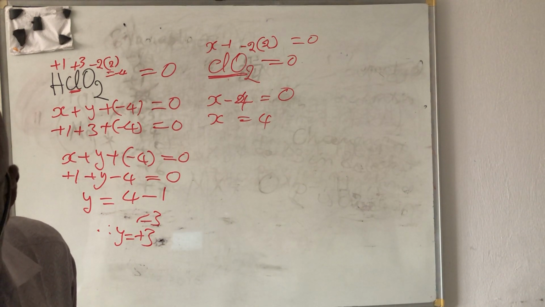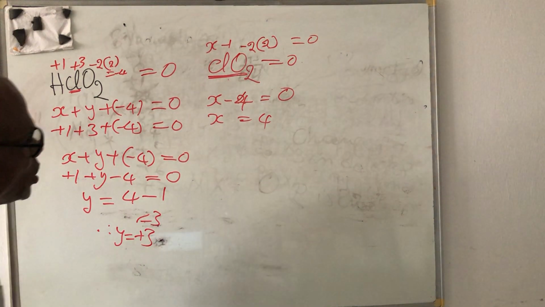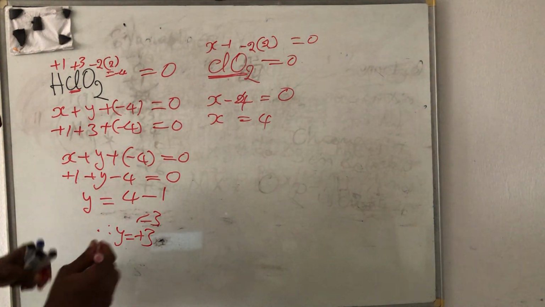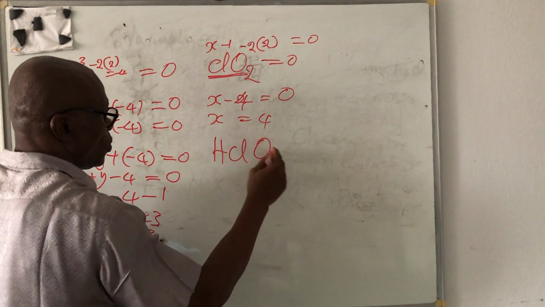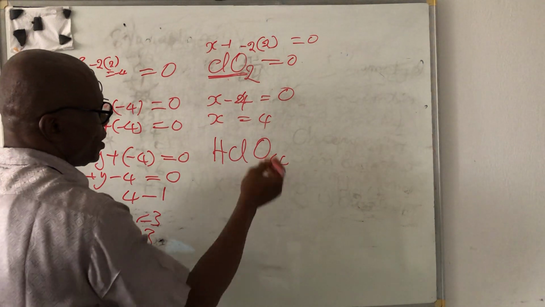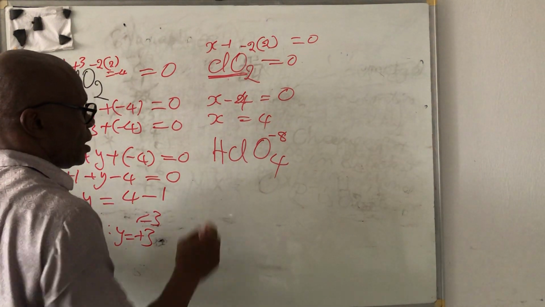It is also possible for us to have several other such situations. You have the plus 7, which we talked about in HClO4. You agree with me? This is minus 8. You already know how to do that.